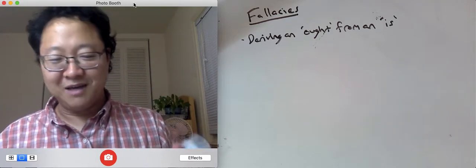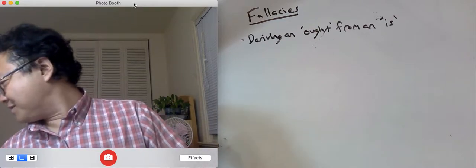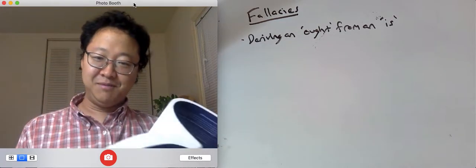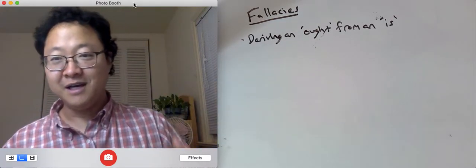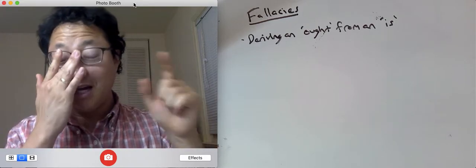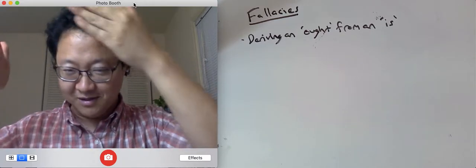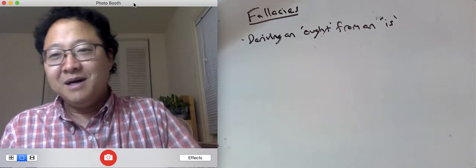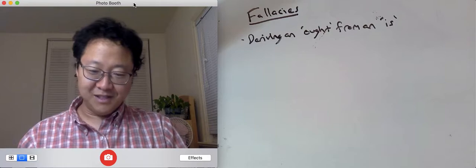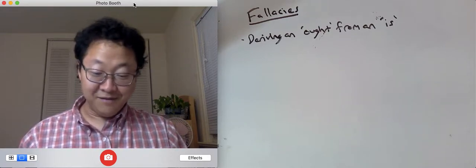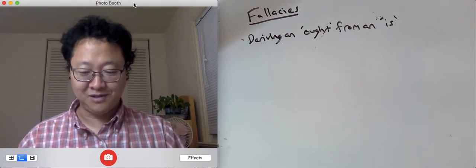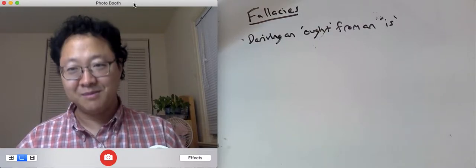So what are they talking about there? Well, the book gives a nice example. This is on page 240. And you'll notice in the fallacies handout, I have page references, so you can follow along in the book. If you're not getting something, you can read along as well. But basically, the fallacy is where you're deriving a prescriptive conclusion from descriptive premises.